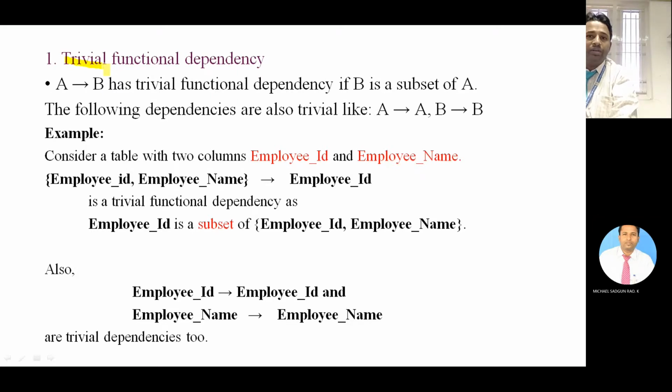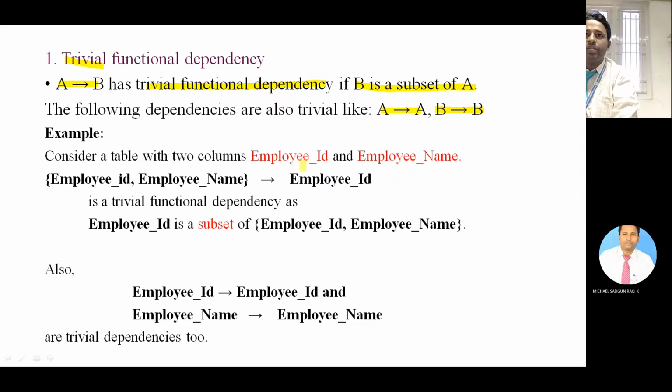When you look at the first one, trivial functional dependency: if the dependent is a subset of determinant, then it is a trivial functional dependency. Suppose A determines B. If B is a subset of A, then it is a trivial functional dependency. For example, A to A, B to B are also trivial functional dependencies.